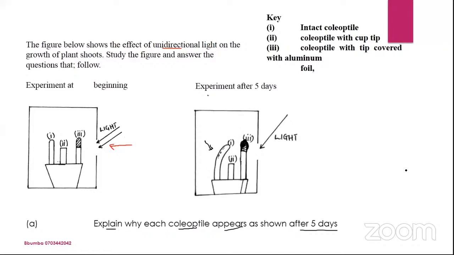So the auxins remained in even distribution in the coleoptile, so it kept growing straight. Thank you, William. I like that word, even distribution. I like the word that you brought in, that auxins were evenly distributed, so they caused uniform growth of the tip, and so it continued growing upwards. Thank you, William.